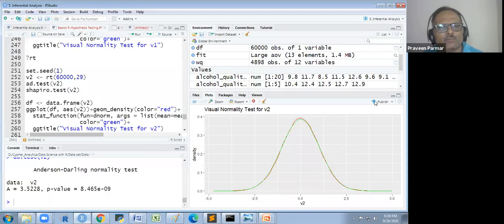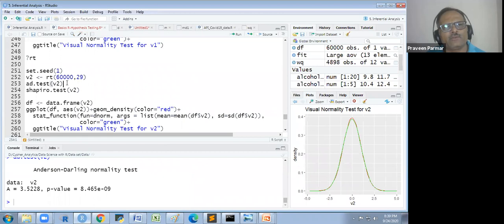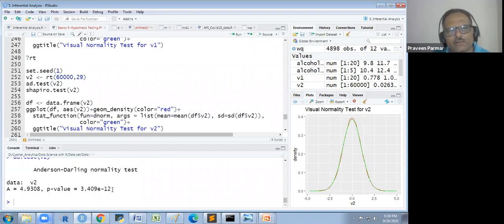Normality test, I don't rely on the normality test mostly. You see, in this test we have made the t distribution, which is always a normal distribution, I feel so, and this value is showing non-normality.